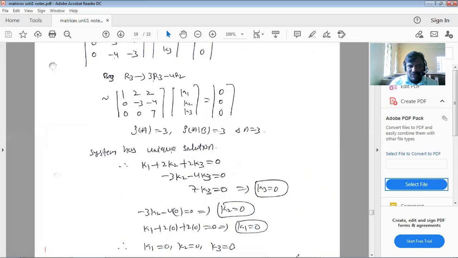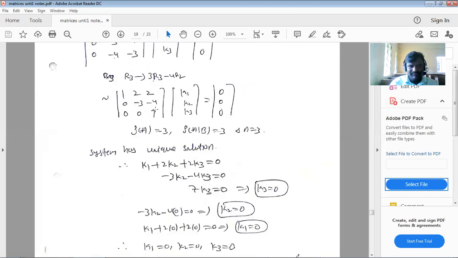The system has a unique solution. Why? Because the rank of A is equal to the rank of AB, which is equal to the number of unknowns. Therefore, the system has a unique solution. How to find the solution? Convert into equation form and use back substitution. K1 plus 2K2 plus 2K3 is equal to 0. Minus 3K2 minus 6K3 is equal to 0. Whatever the numbers, not a problem.